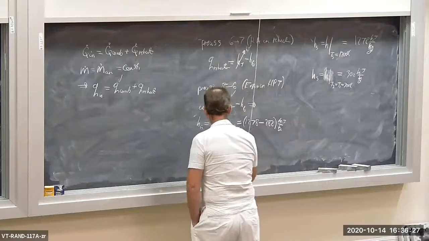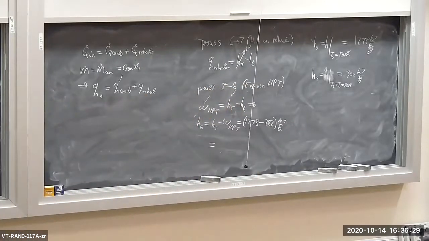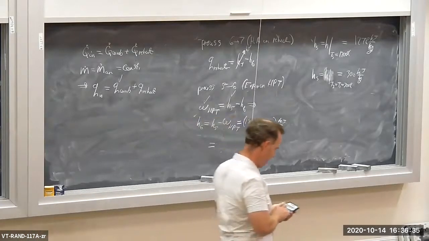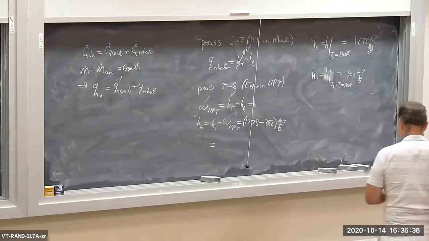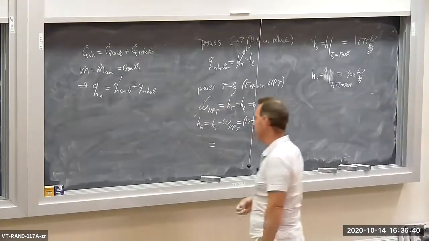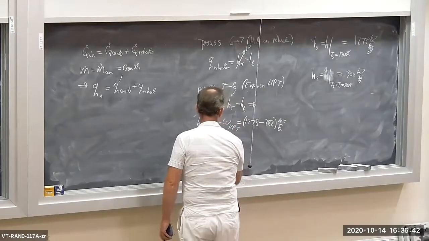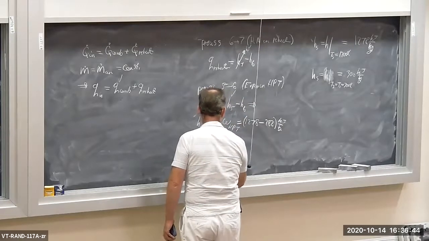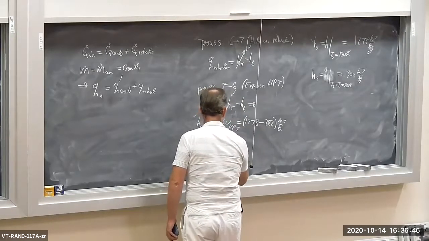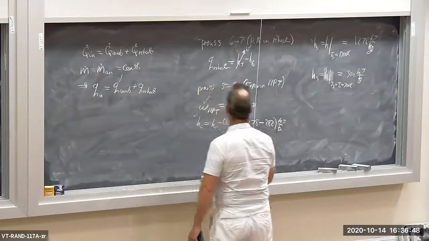Oh boy, 1278 minus 282. 996. 996 kilojoules per kilogram. That's H6.